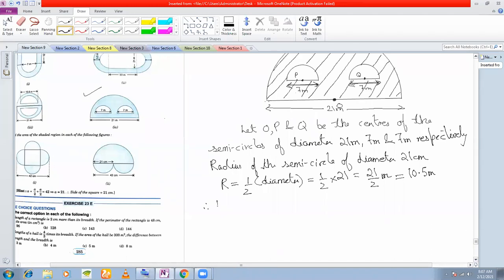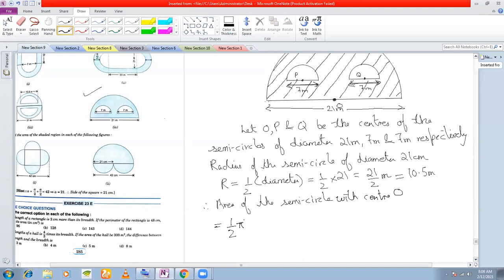Therefore, what is the area? Therefore, area of the semicircle with center O, simply, which is equal to half, yes, the semicircle.